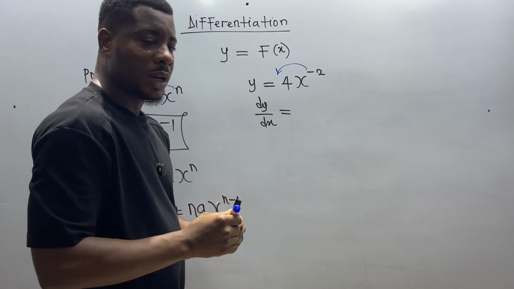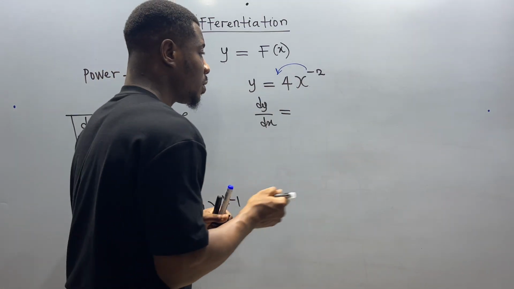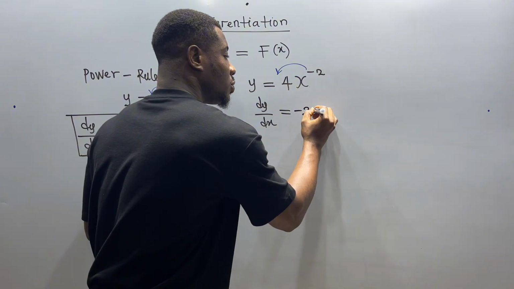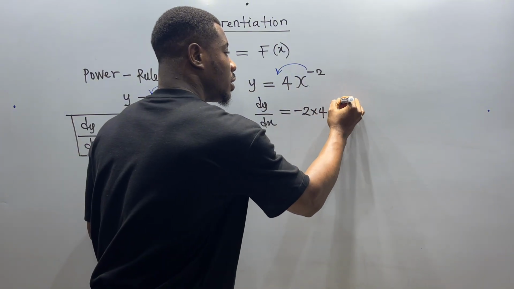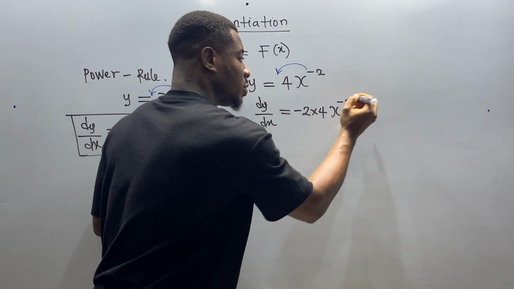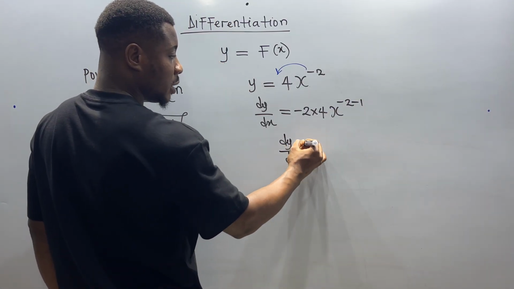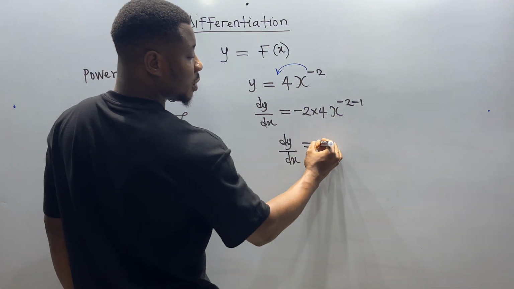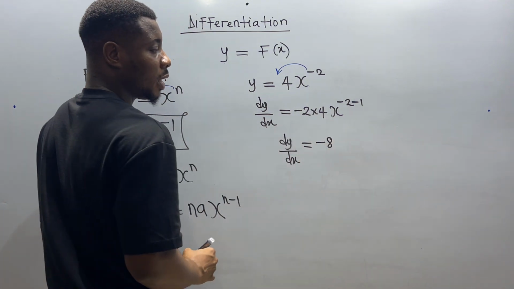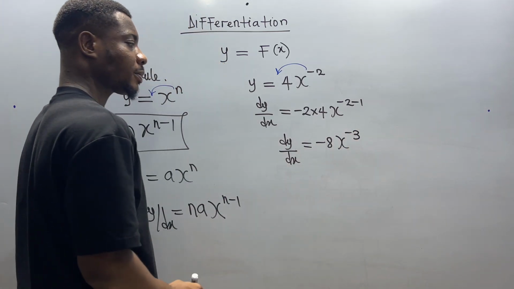We have negative 2 times 4x to the power minus 2. Then we remove 1 from the power as usual, we have minus 1. So dy over dx therefore gives us minus 2 times 4, which is negative 8, x raised to the power negative 3.